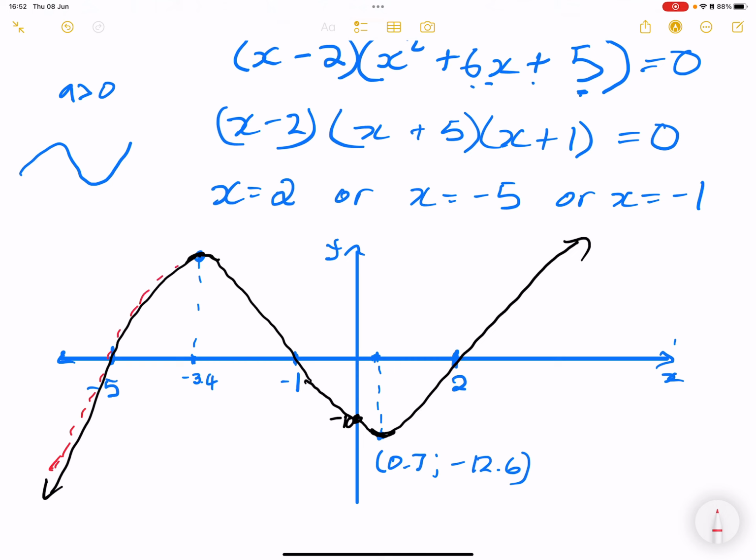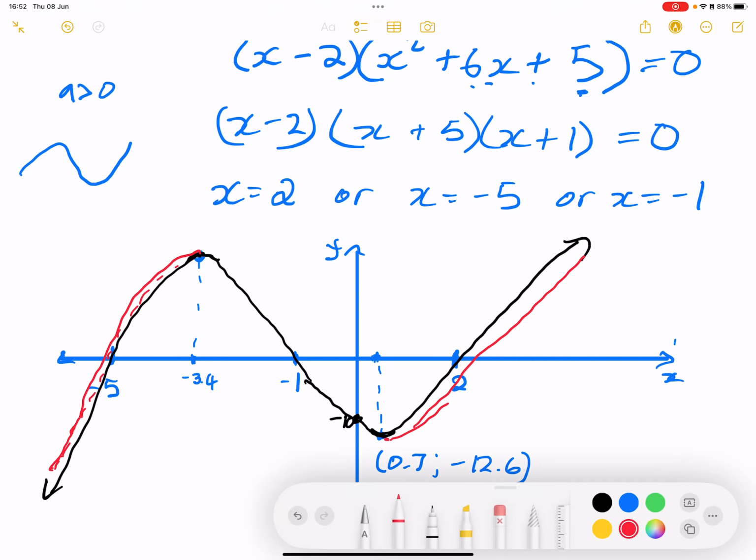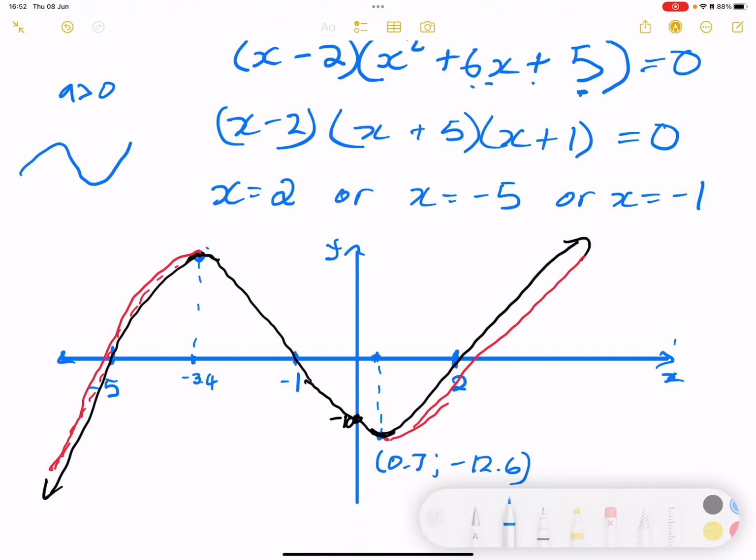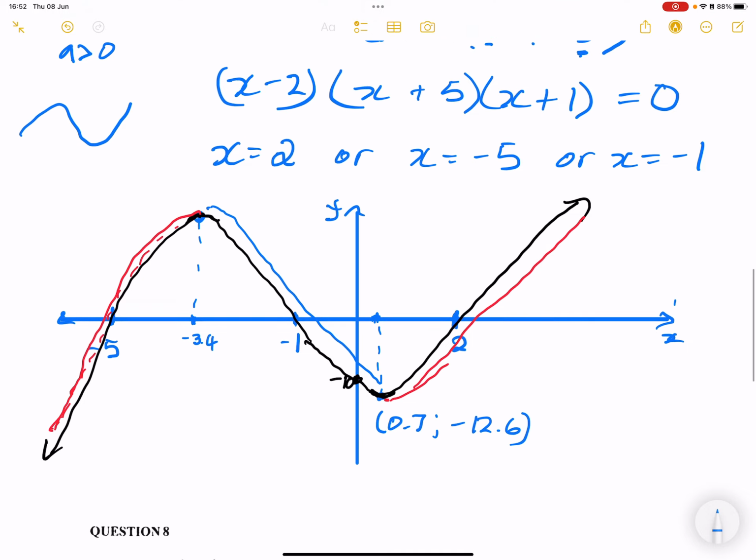So our gradient is positive over there. It's also positive all the way over there. So where is it negative? We've got a negative gradient from that turning point there up until we get to the other turning point.